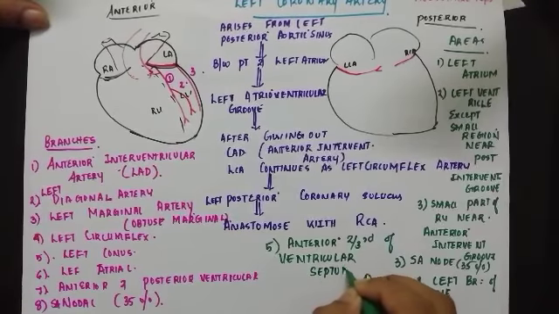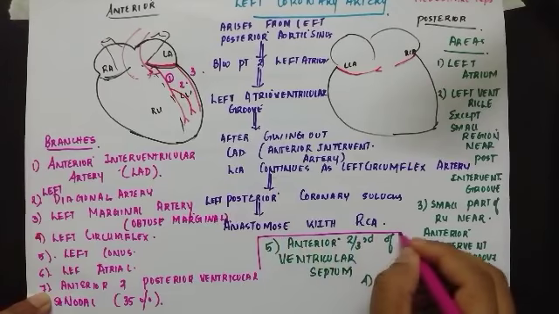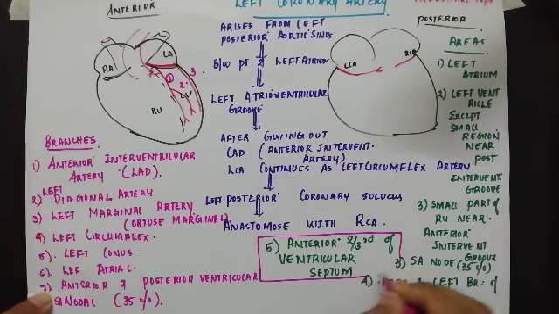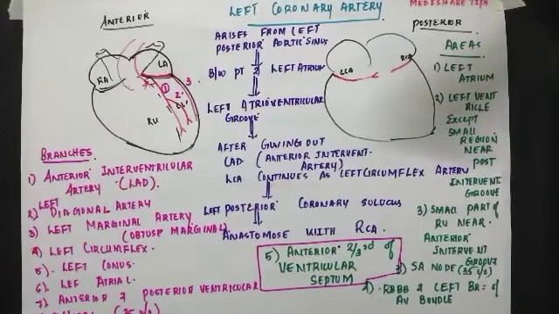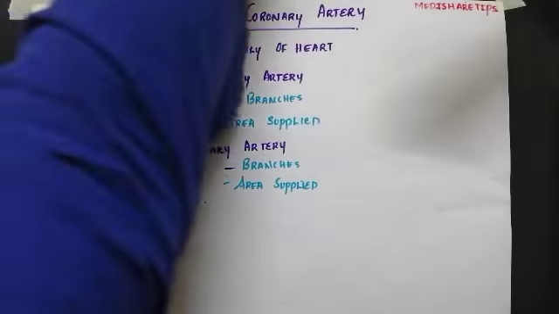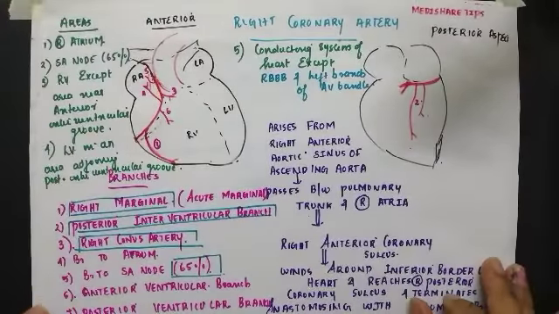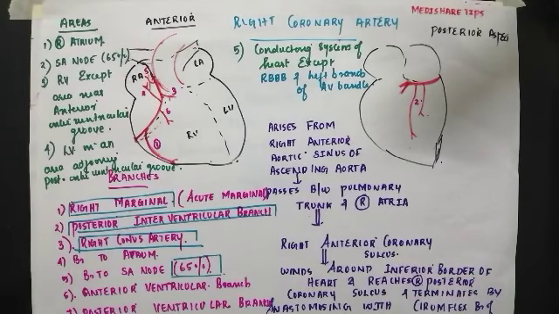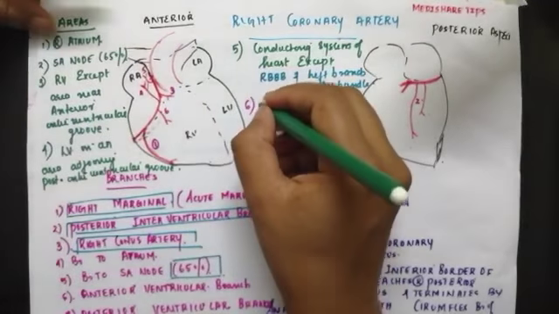So the anterior two-thirds of the ventricular septum is supplied by the left coronary artery. That is important. So that is all about the supply of the left coronary artery. One point to be mentioned in the right coronary artery is that it also supplies the posterior one-third of the ventricular septum.